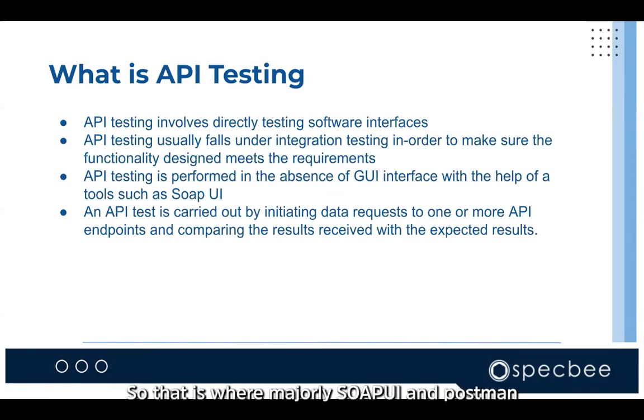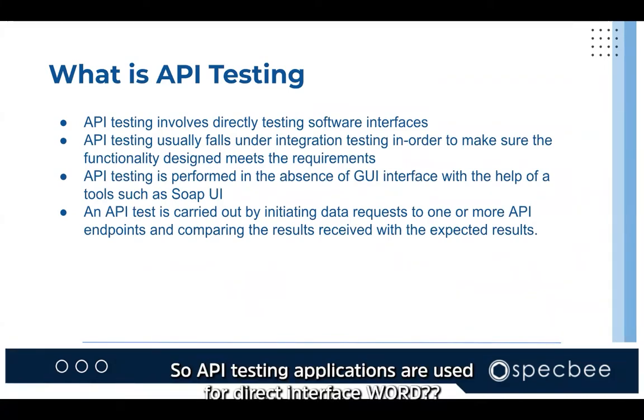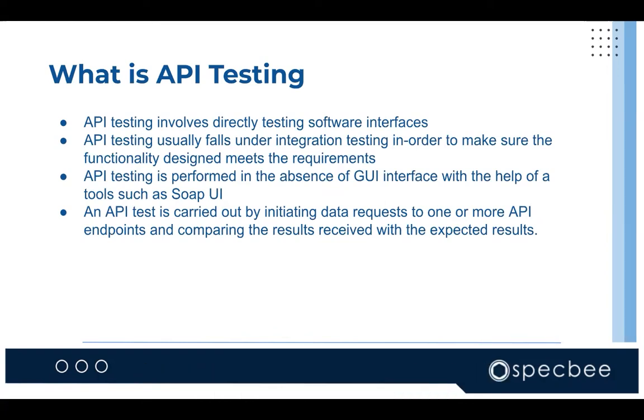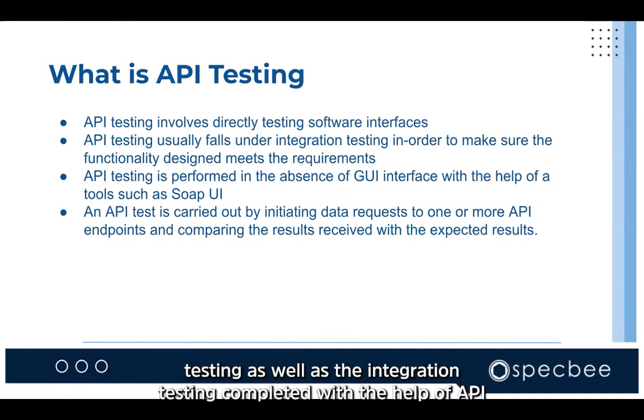That is where SoapUI and Postman, the API testing applications, are used for direct interface testing. This is also majorly used for integration testing between multiple applications. Before the entire user interface gets ready, you can have core functionality testing as well as integration testing completed with the help of API.